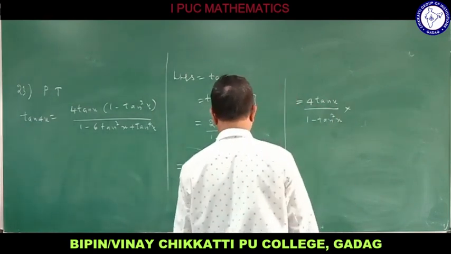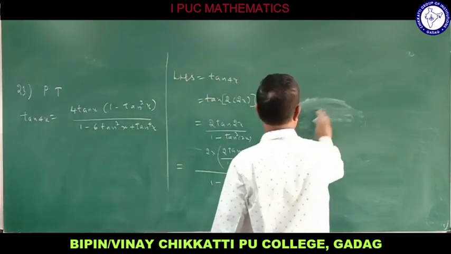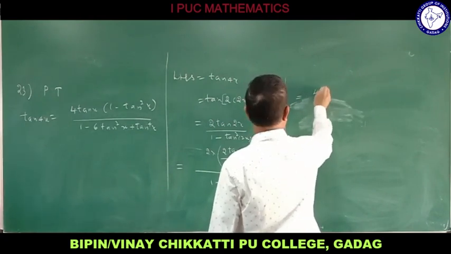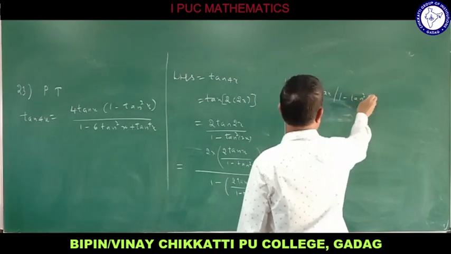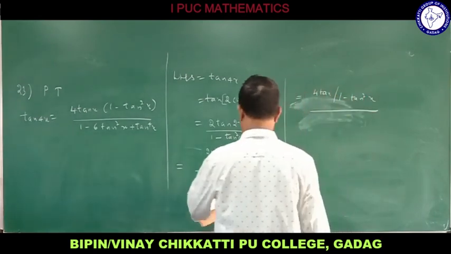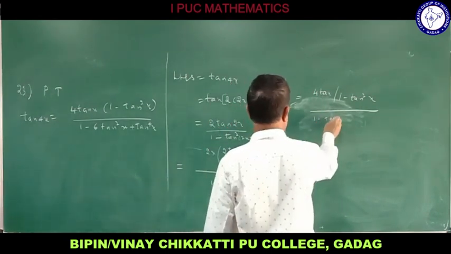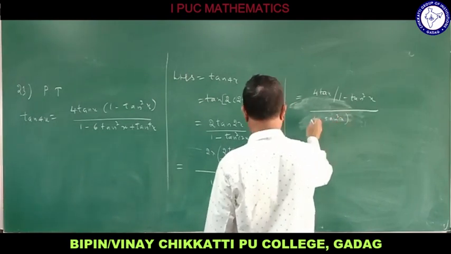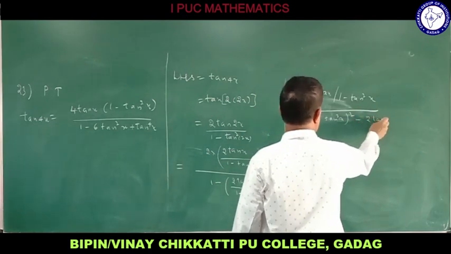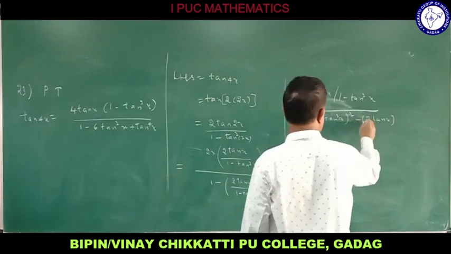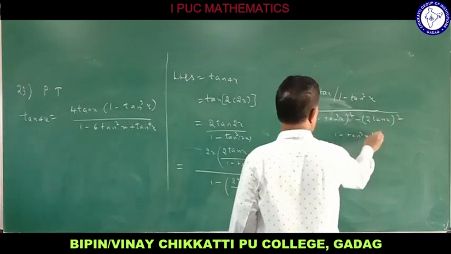So you have this result whole divided by, to understand more clearly, 4 tan x divided by 1 minus tan square x. Now 1 minus tan square x whole square is the LCM, and here minus 2 tan x whole square, divided by 1 minus tan square x whole square.